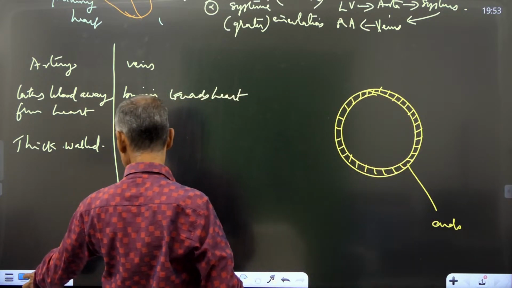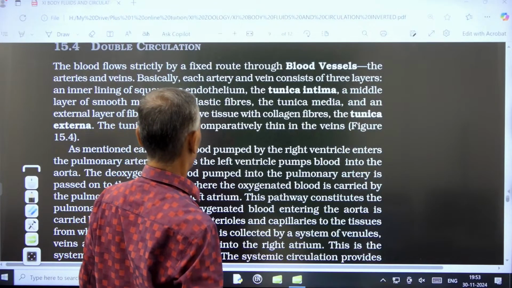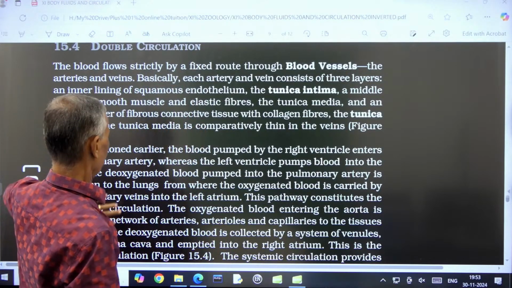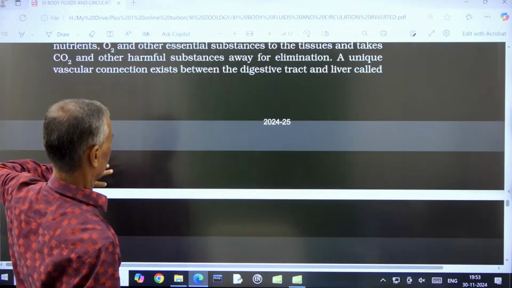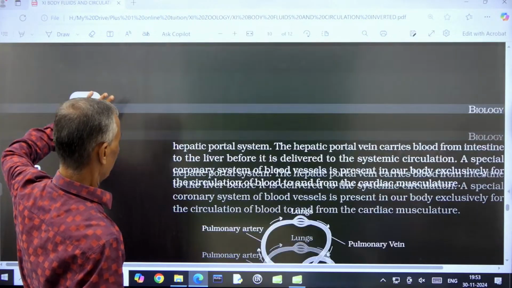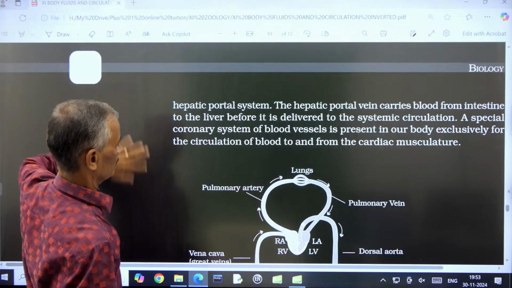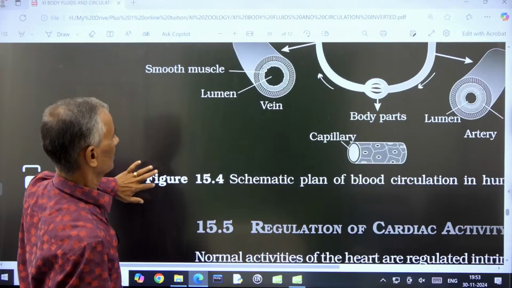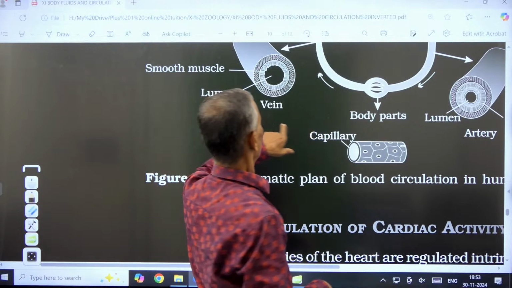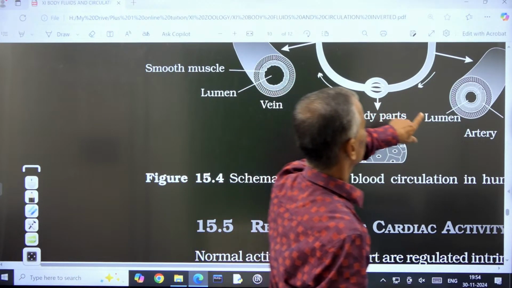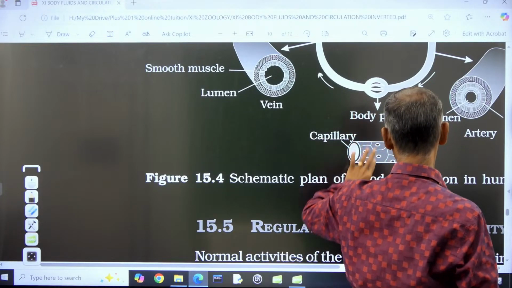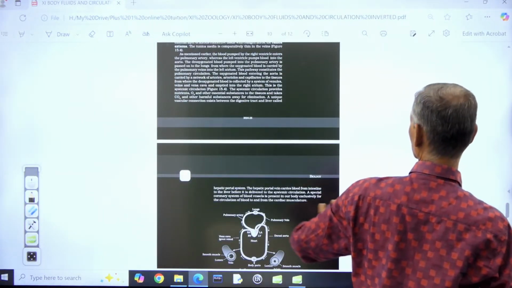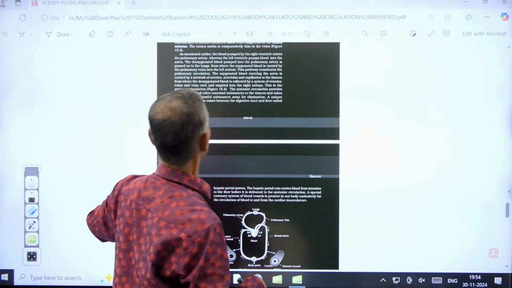We are having 3 layers for a blood vessel, whether it is an artery or a vein.